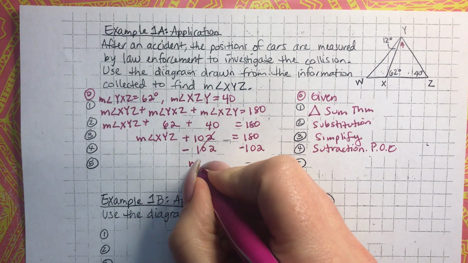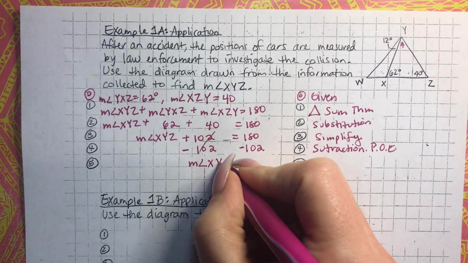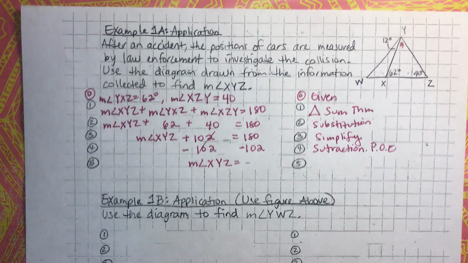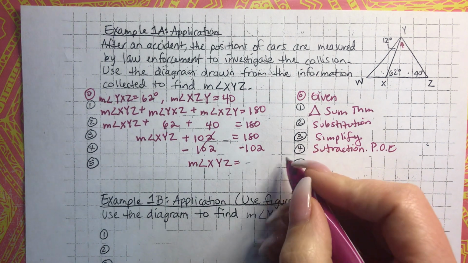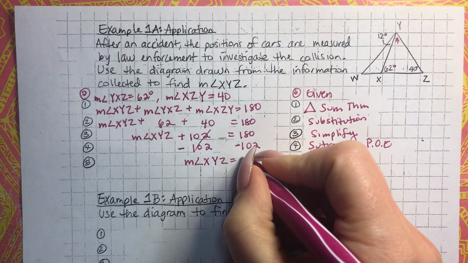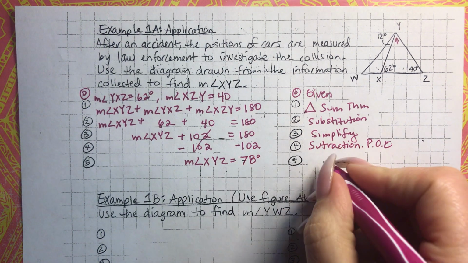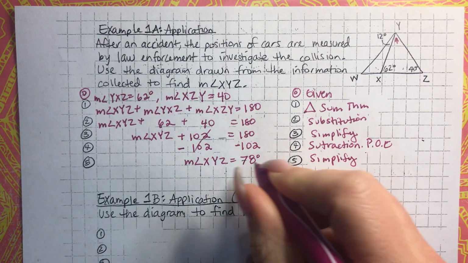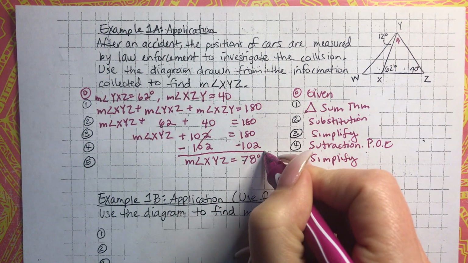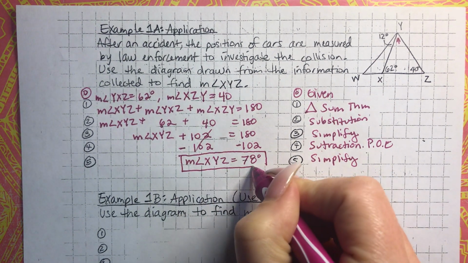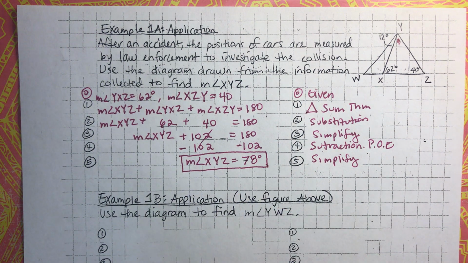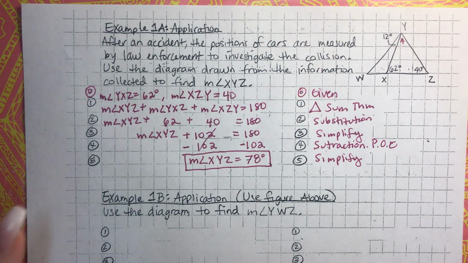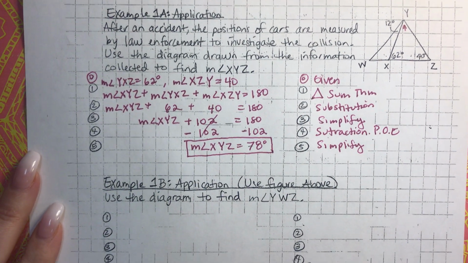We're left with the measure of angle XYZ equals 78 degrees, and that would just be simplification. Simplify. There we have it. Perfect. Okay, on to the next one.